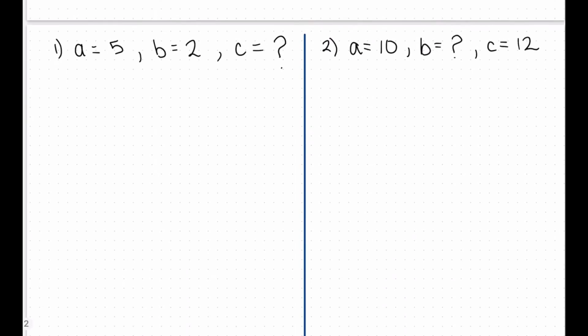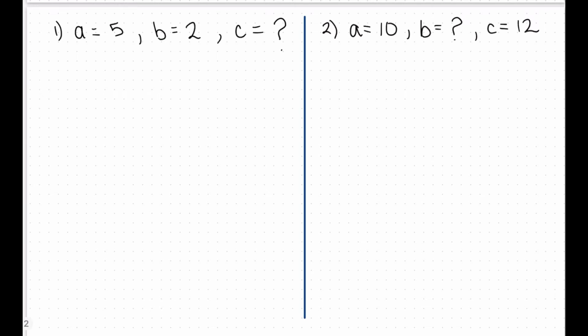Okay, so we have two exercises here that I'm going to walk you through so that you can get a better grasp of the formula on the screen. So we have that a equals 5, b equals 2, and c equals an unknown number.